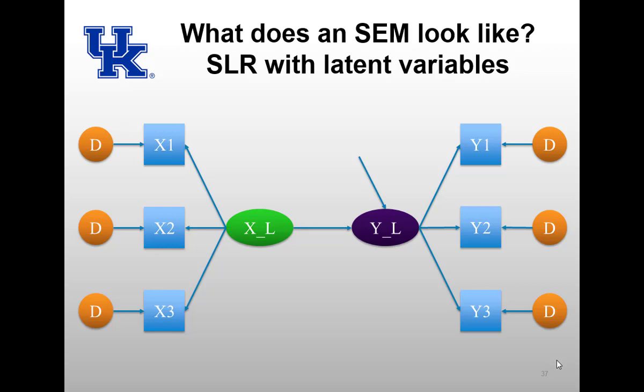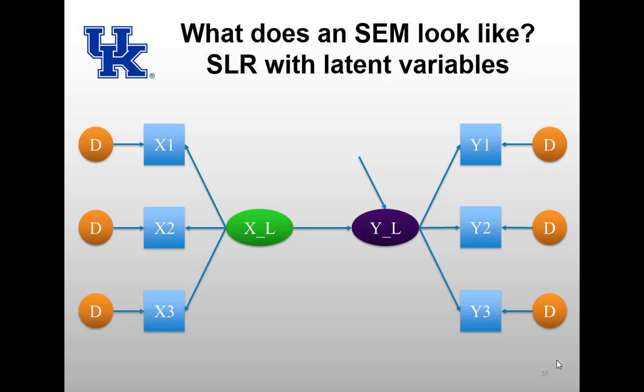So the predictor, X, is composed of 3 different indicators, X1 through X3, that load on X of L. And each of those indicators, each item, has its own measurement error, the disturbance D, that can be estimated inside of this model.